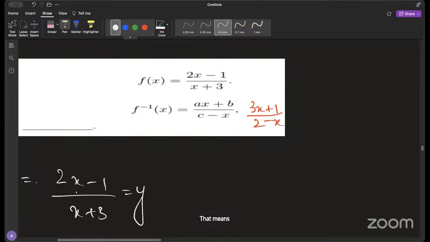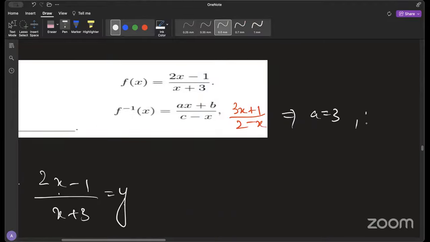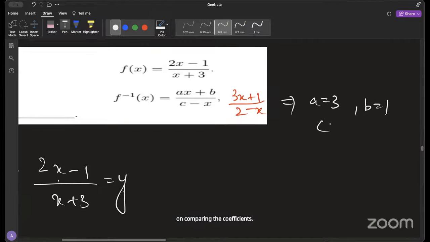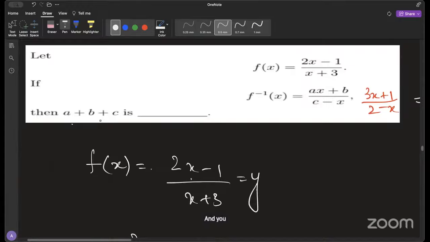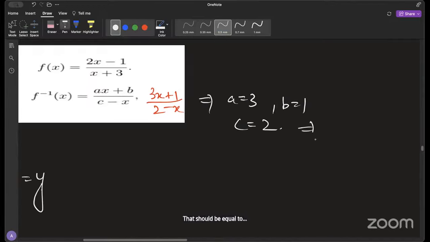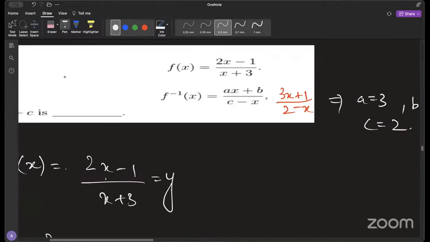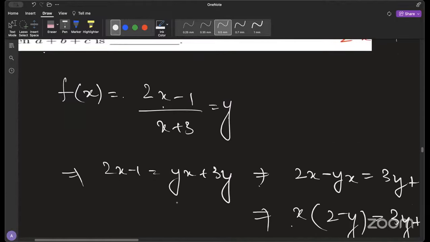That means on comparing the coefficients, a is 3, b is 1, and c is 2. And you have to find a plus b plus c. That should be equal to this.